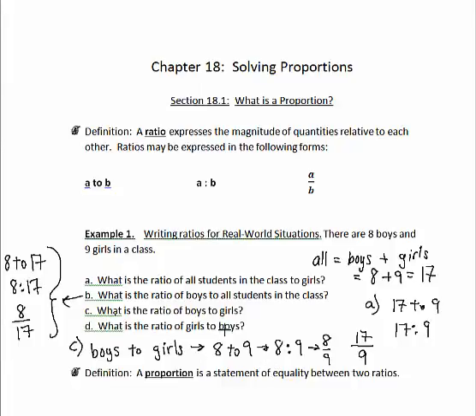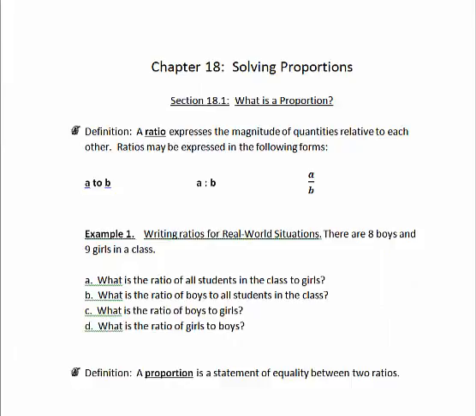And finally, what is the ratio of girls to boys? Well, we would simply flip the ratio from C. So if I make some room here for D, girls to boys would be equivalent to 9 to 8, or 9 colon 8, and then finally as a fraction, 9 over 8.